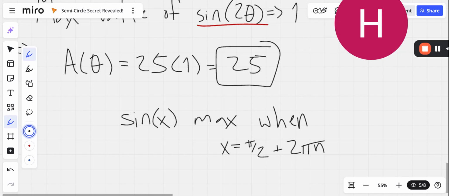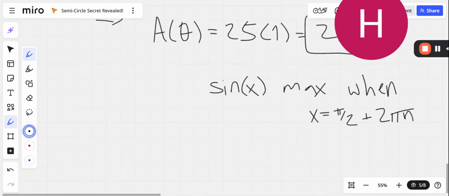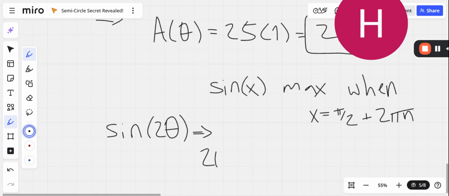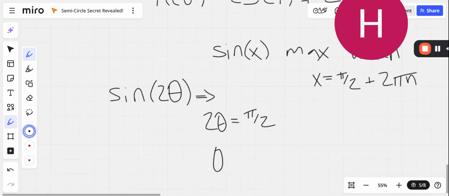So we need this input angle to be pi over 2, but careful, that means that we need sine of 2 theta to be maximal. That means that we need 2 theta to equal pi over 2, which of course means theta equals pi over 4.